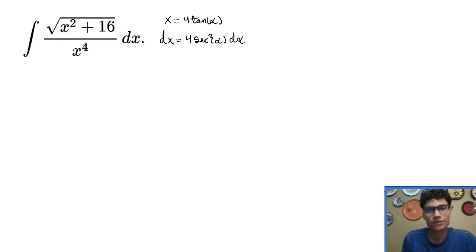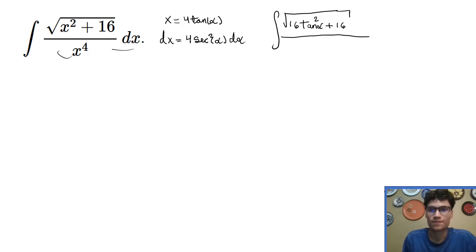Okay, so let's substitute this into our integral. We got the square root of 16 times the tangent of alpha squared plus 16, let's close our square root, divided by 4 to the 4th power times the tangent to the 4th power of alpha, times dx.